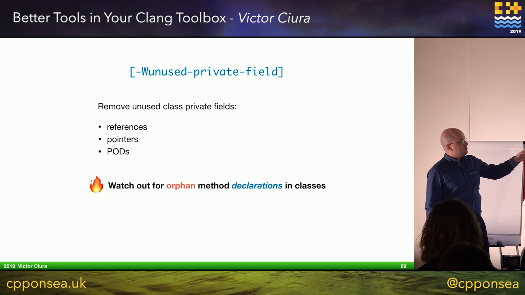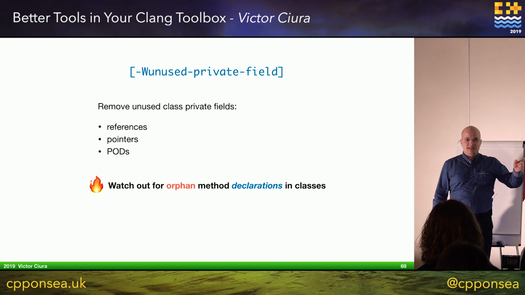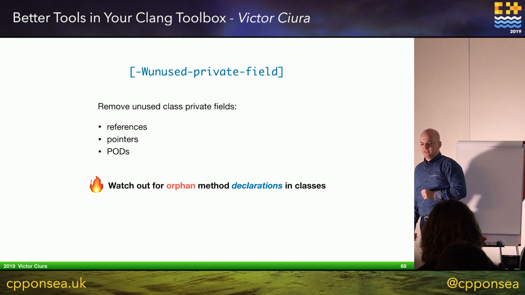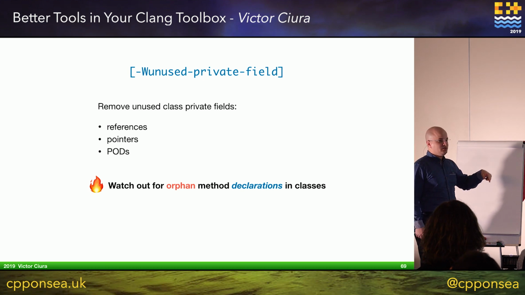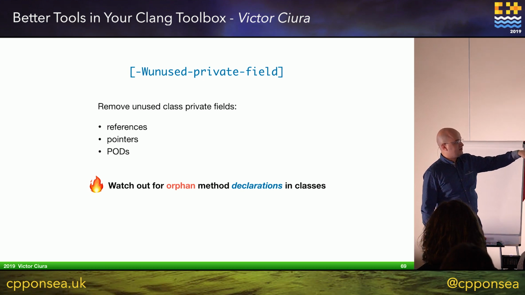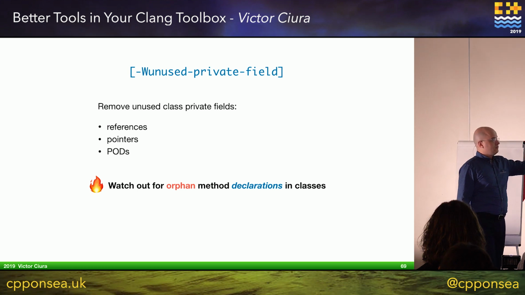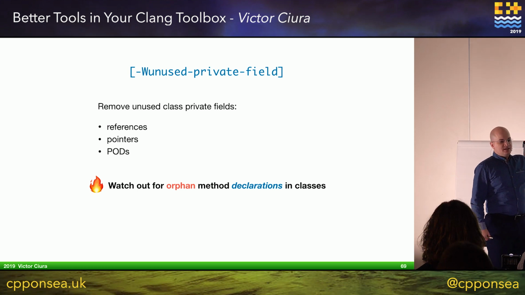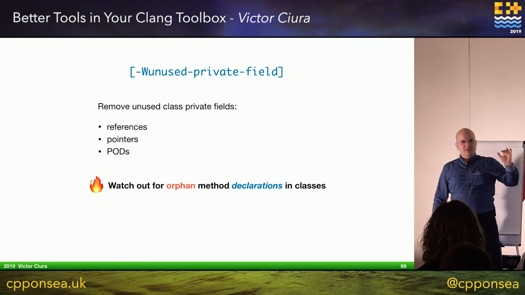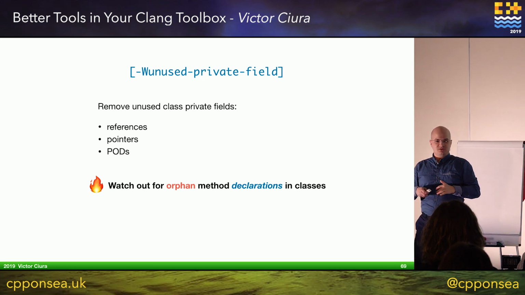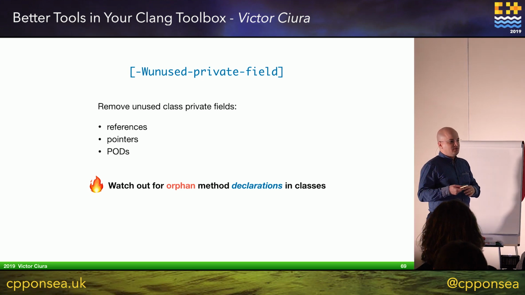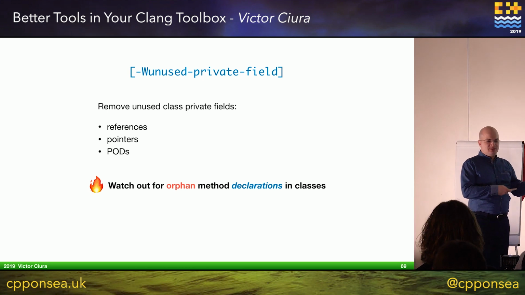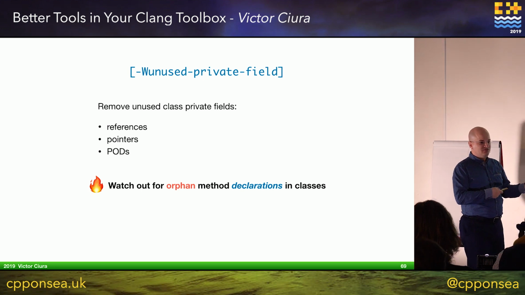But you have to watch out for orphan method declarations in classes, because if you have a private field that is unused, but you do have a private declaration of a function in your class, the compiler is not a linker, so it doesn't look up, and it assumes that you have a definition for that function somewhere. So only the linker would complain that you wouldn't have a definition for that function.